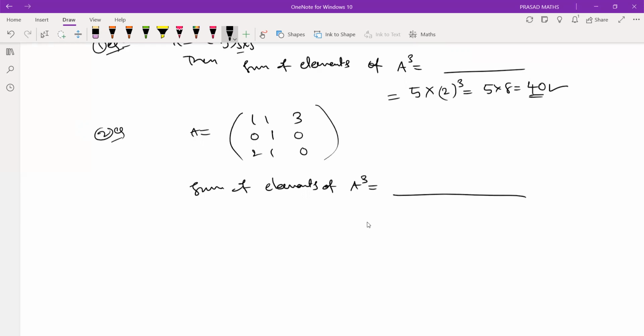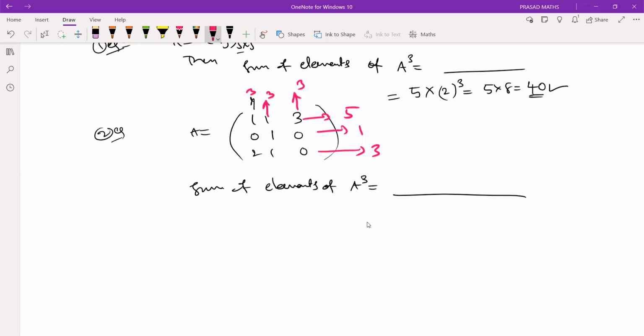Your formula does not work, because the first row sum is 5, the second row sum is 1, the third row sum is 3. So it does not work. Now what you do is look at the column sum. Column wise, this sum is actually 3, 1 plus 2 is equal to 3. This sum is 3. The third column sum is 3. Same idea.